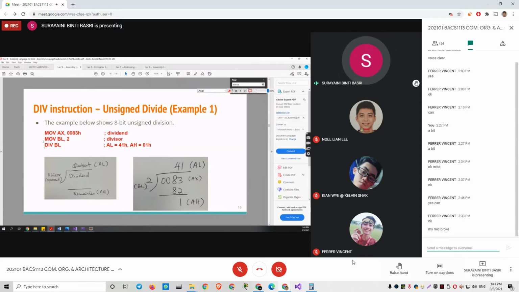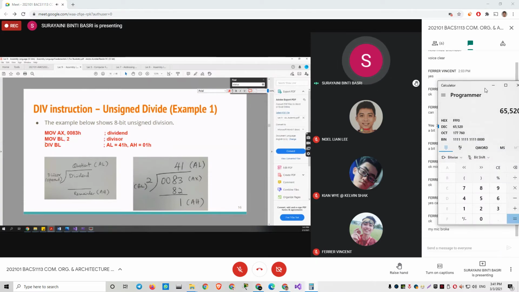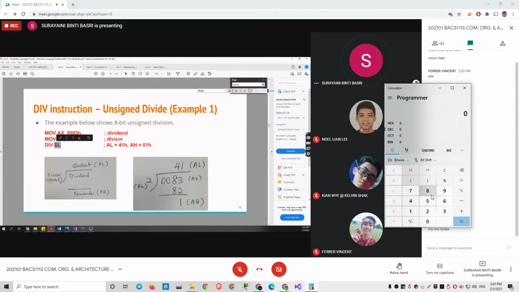You cannot put any line between these two for this to operate correctly. By following this structure, the computer knows that the division instruction will take the value of AX and divide it by the divisor, which is the value inside BL.